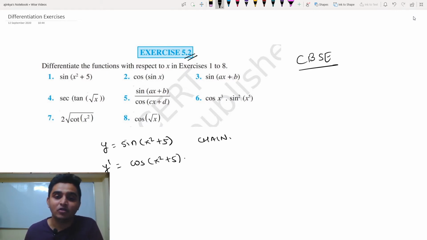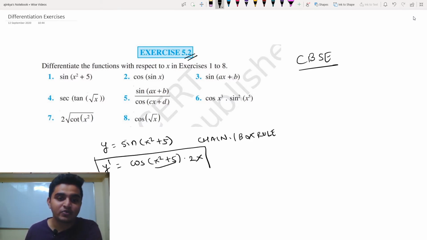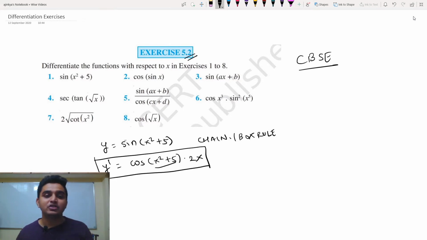We also call this the box rule. If you want to find out how this is done, you can check the video in the description or in the I button. When you differentiate x square plus 5, you get 2x. So your final answer is cos of x square plus 5 times 2x.